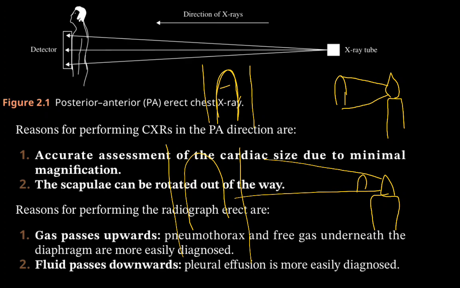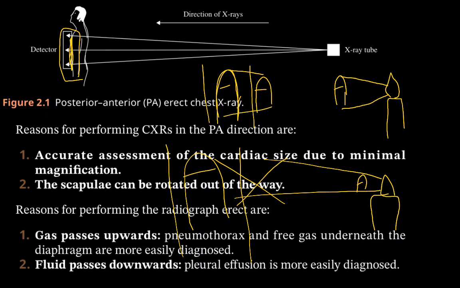That's why we use the same idea, that we minimize the distance between the patient's chest and the film to avoid magnification. So the closer your finger is to the wall, the less magnification is made.